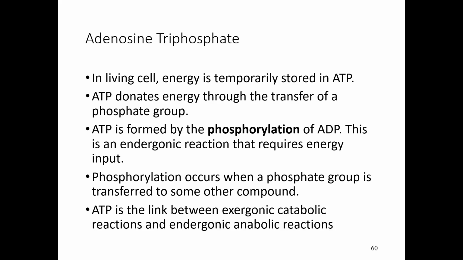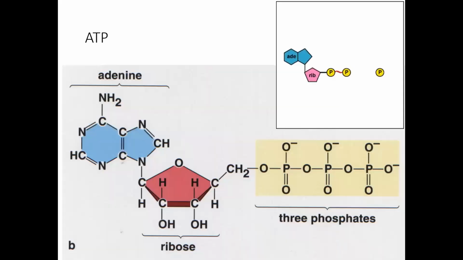Now we have ATP, but ATP only lasts for 7 seconds. This is ATP right here. There's the adenine, there's the ribose sugar, and here are the 3 phosphates. It is the third phosphate, held on by a high energy bond, that we grab the energy off of glucose to put that bond back together again.